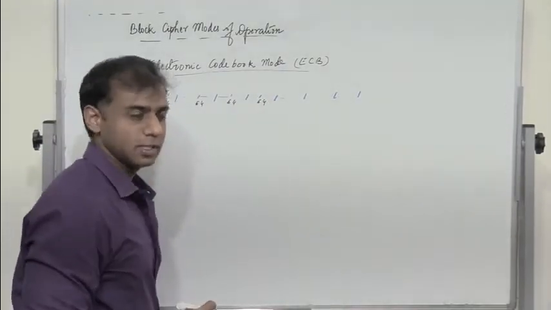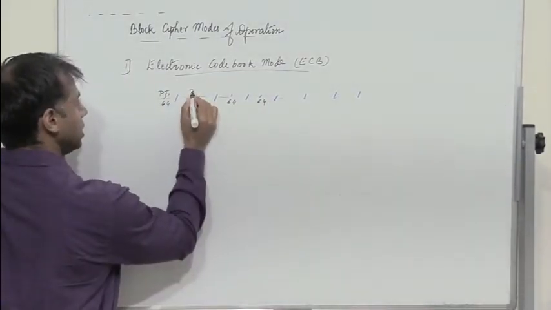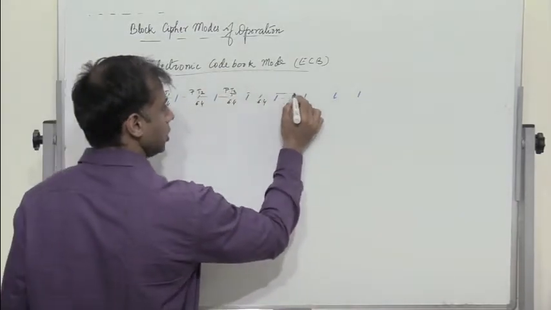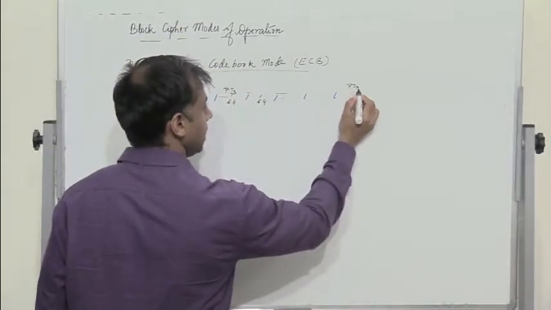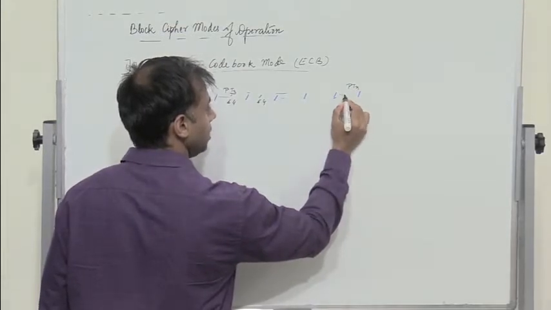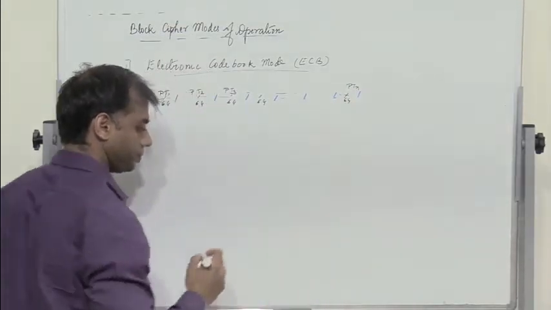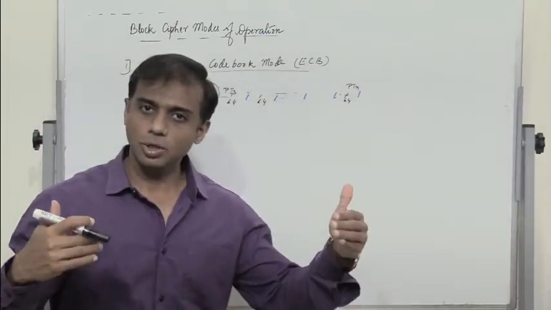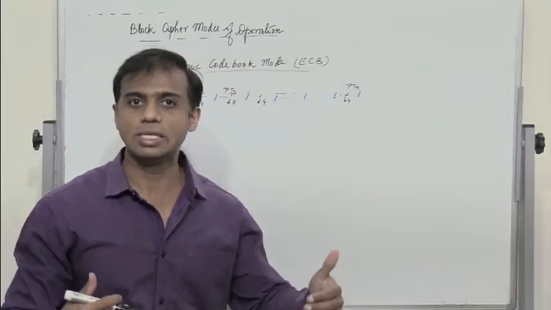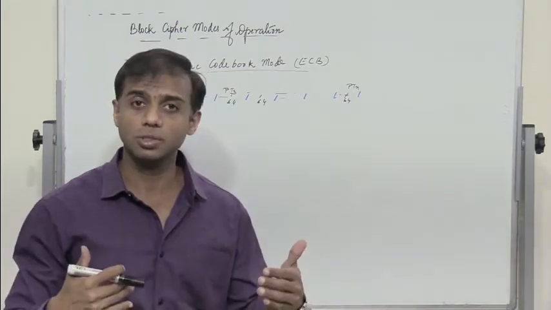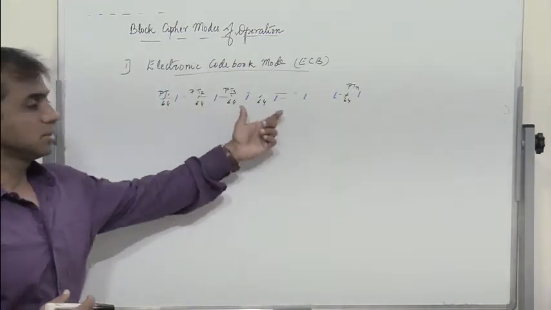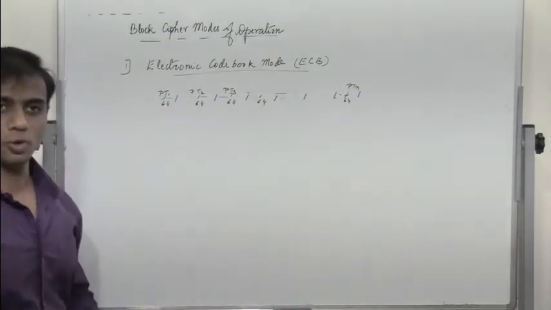So I have the first segment of 64 bits, the second plain text block, the third plain text block, and so on, and the nth plain text block of length 64 bits. If we plan to use DES to encrypt the entire sequence of data, we have to segment the entire sequence into blocks of 64.